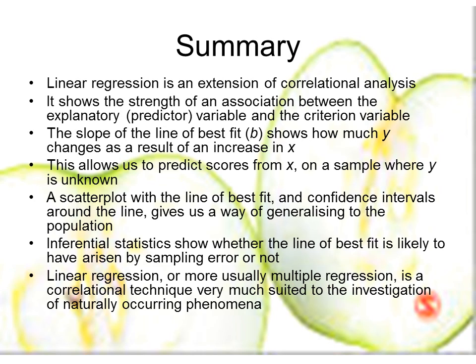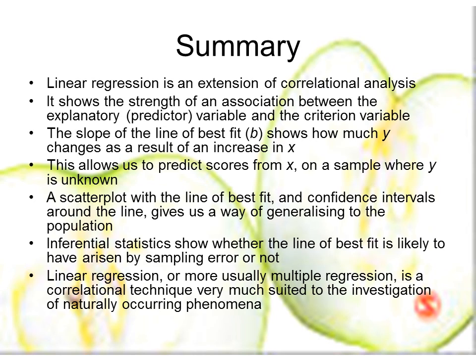And this is the summary of the past few slides. It's not a long chapter because obviously it's an extension of the correlational analysis that we had just previously looked at in the previous chapter. What it does is it shows the strength of an association between the predictor and the criterion variable.